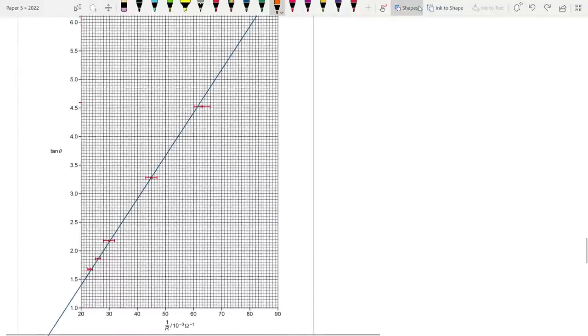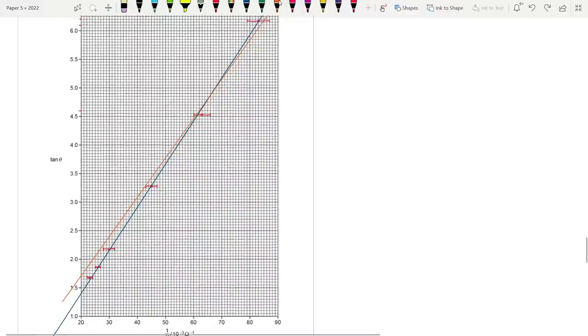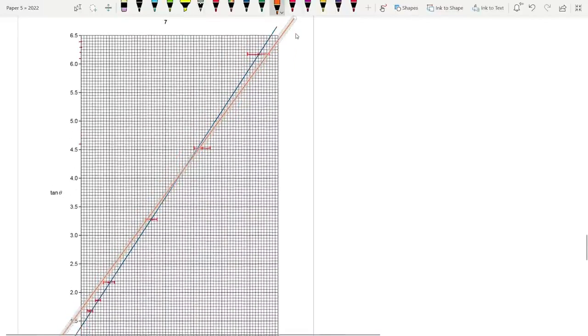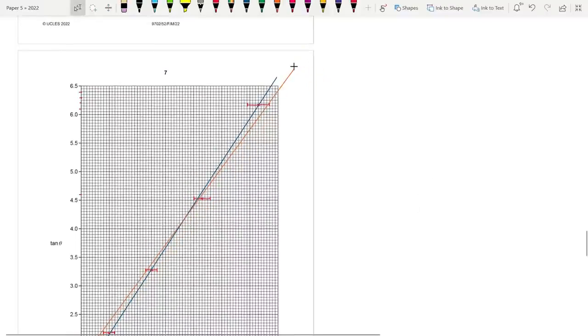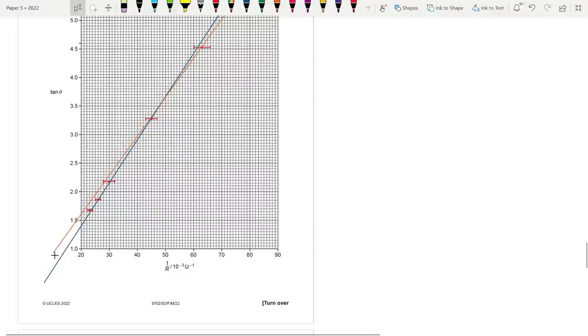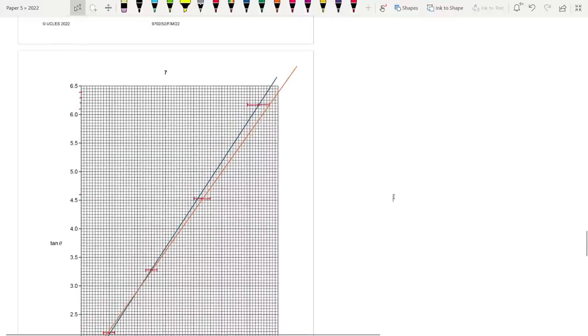I'm just going to join those points here. I need to make sure it passes through this. On the other hand, it needs to pass through the lower bound of the first point here. So this is my worst acceptable line.